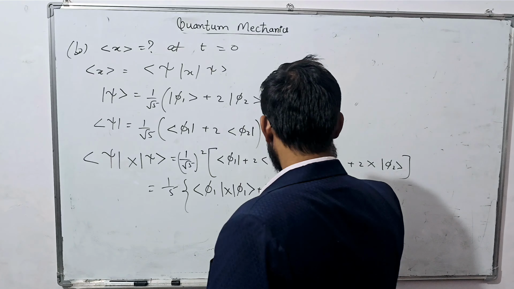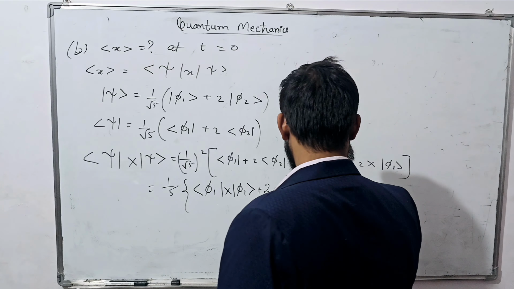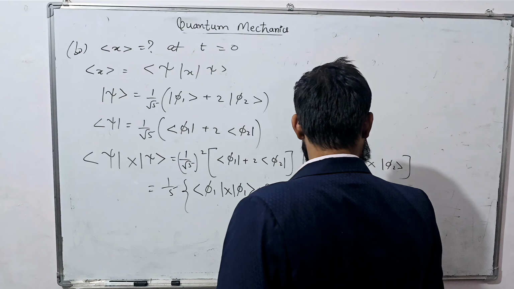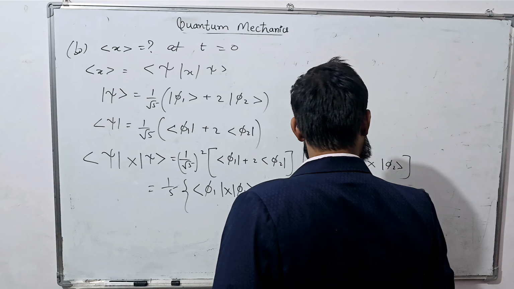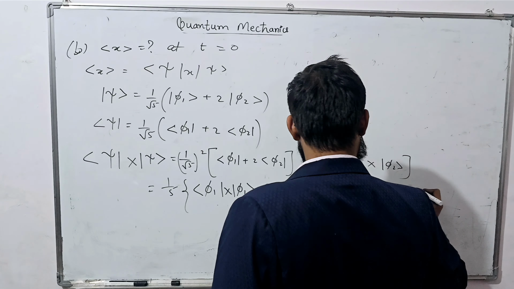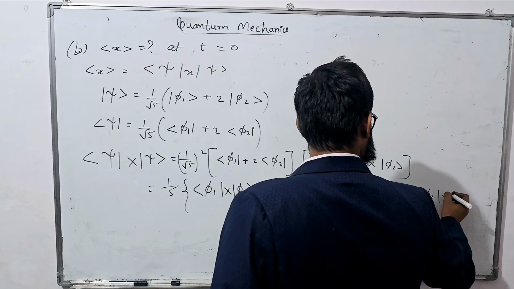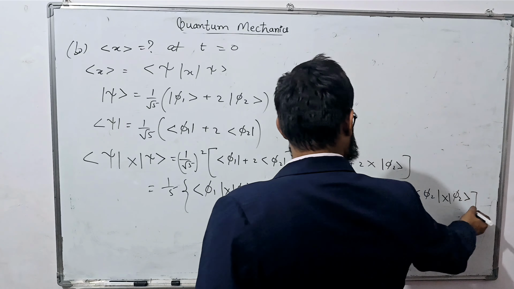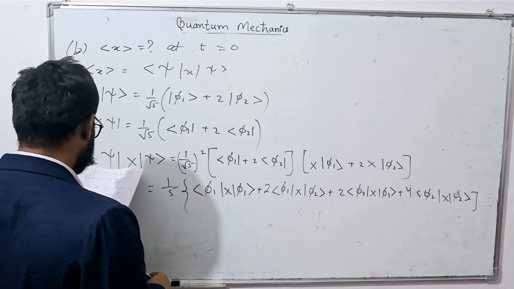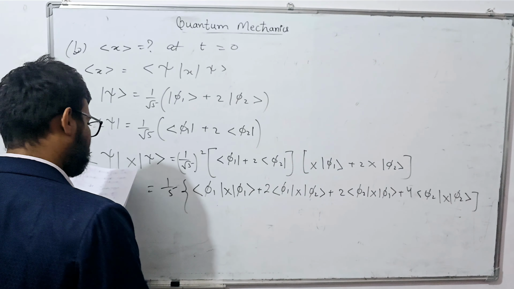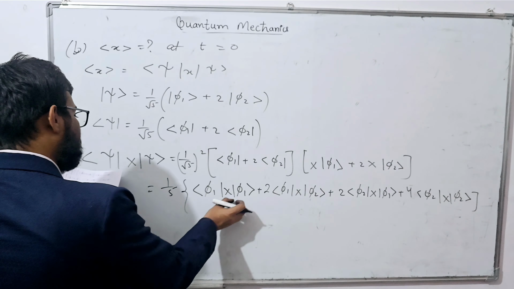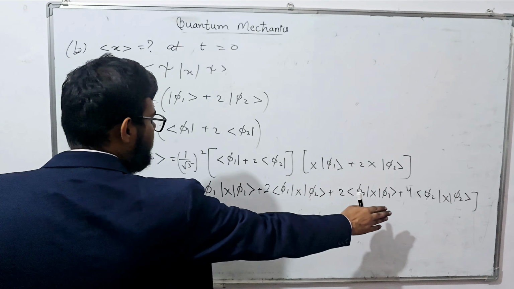You get 2 times phi 1 x phi 2 plus 2 phi 2 x phi 1 plus 4 phi 2 x phi 2 over here. And notice that over here we have the expectation value of x if the wave function was phi 1, and over here also.